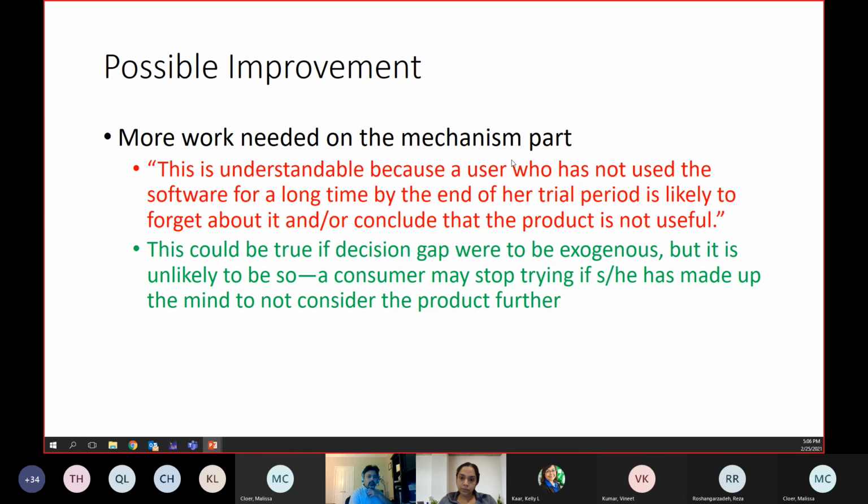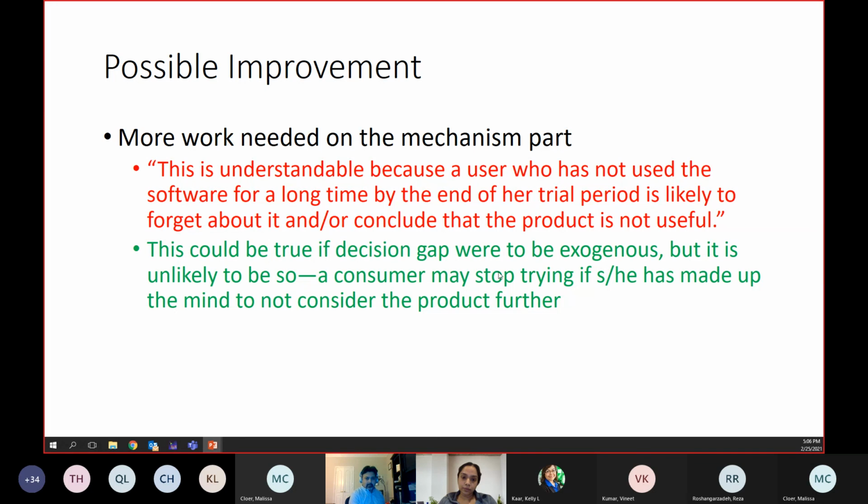So the only complaint I have about this is that this could be true, and Hema mentioned this during the presentation. She alluded to this, though very quickly: this explanation would be true if the decision gap were exogenous in this setup. Here the treatments are exogenous, so the first part of the work is completely bulletproof, but the decision gap is not exogenous.